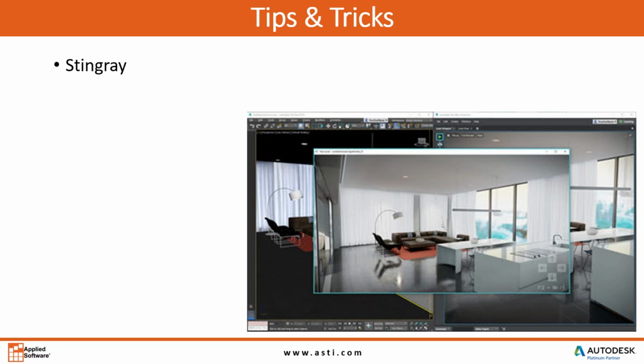It's an interactive real-time gaming and rendering engine, focused on the VR side of things. They now call it interactive within 3ds Max, but it's basically Stingray with a heavy VR component, where we're able to get into more of this interactive stuff on the screen.